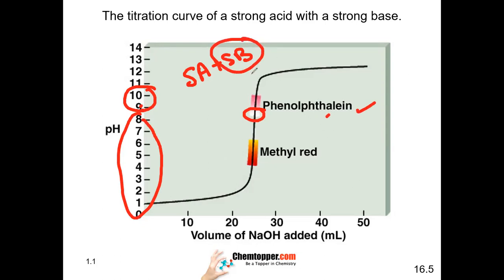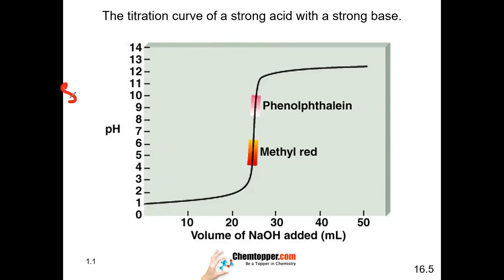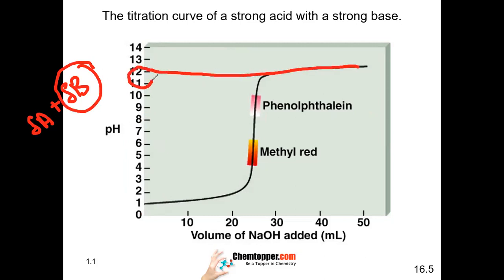It's always used whenever there is a strong base. Why? Because in the presence of strong base, after the equivalence point, the pH is going to touch 12. pH will go in between this. If I take a strong base in any titration, you can take a weak acid with a strong base or strong acid with a strong base, the presence of strong base will make the pH jump into this range.